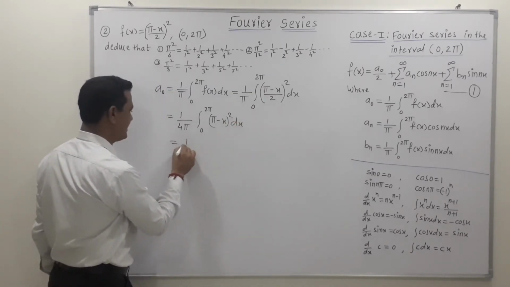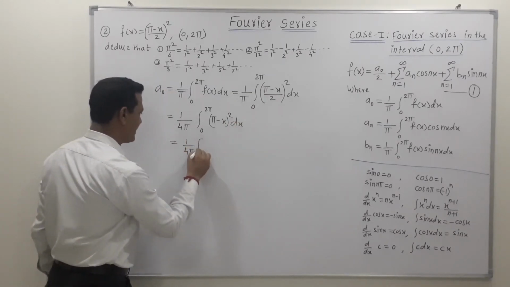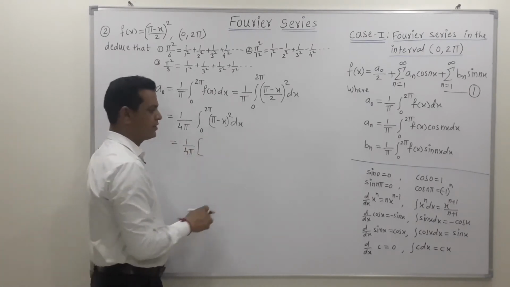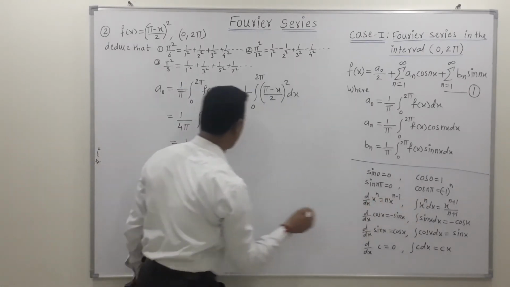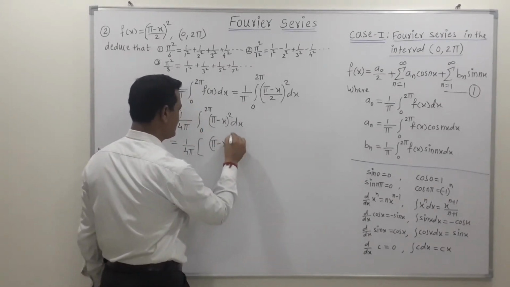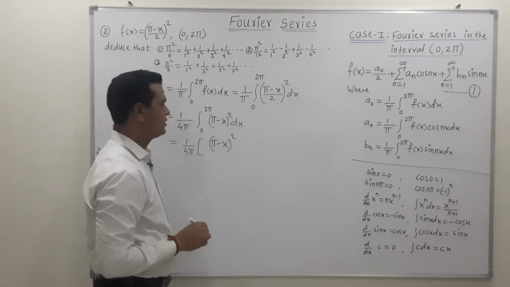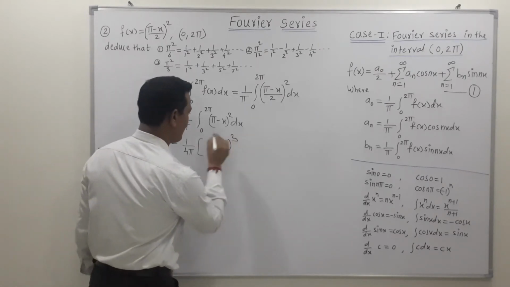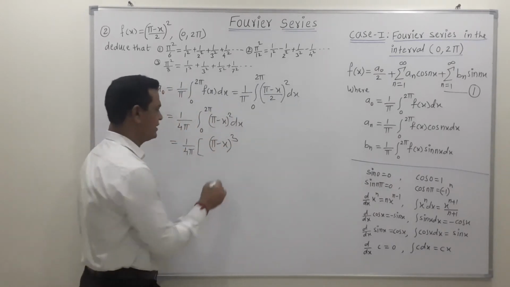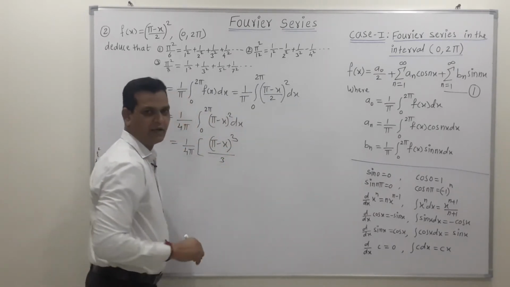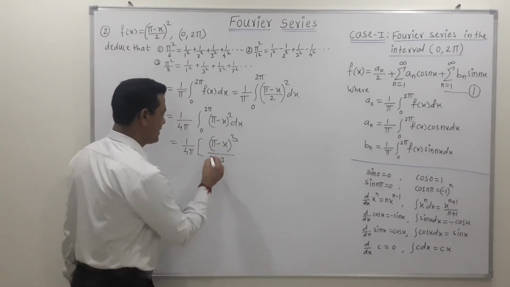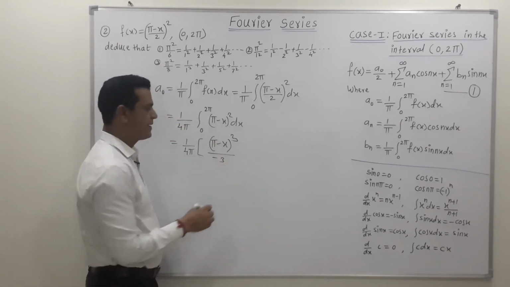So we can write this as 1 upon 4 pi as it is. Whenever we solve a single integration, in a rectangular bracket, according to this rule, we write (pi minus x) its square, then we add one more to the power, n plus 1, so we get this raised to 3 divided by 3 into the derivative of pi minus x with respect to x, which is minus 1, so that's why this sign is minus.